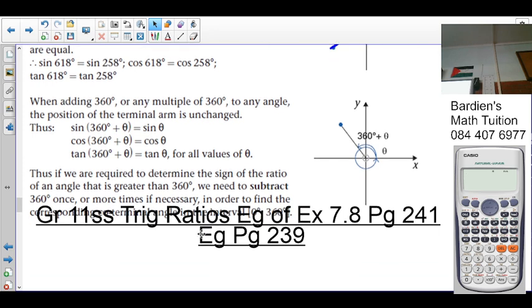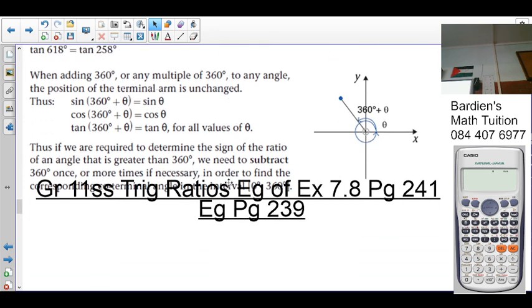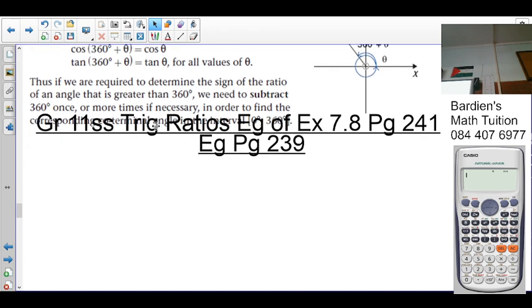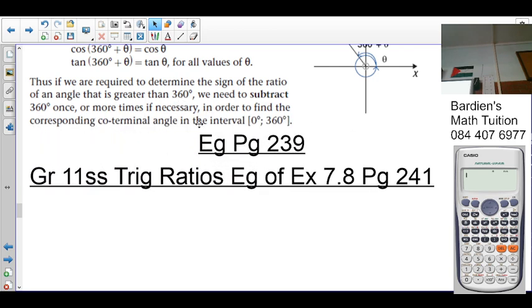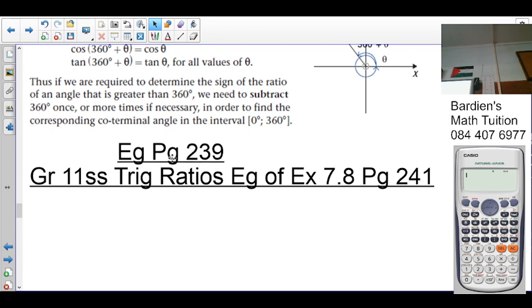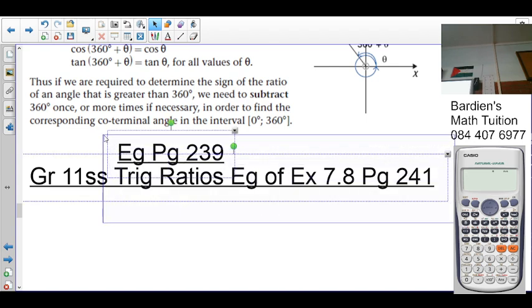Let's carry on. When adding 360 or any multiple of 360 to any angle, the position of the terminal arm is unchanged. So sine of 360 plus theta is just sine of theta, cos of theta, and tan of theta. Thus, when we are required to determine the trigonometric ratios of an angle that is greater than 360, we need to subtract 360 once or more times if necessary, in order to find the corresponding coterminal angle in the interval of 0 to 360 degrees.